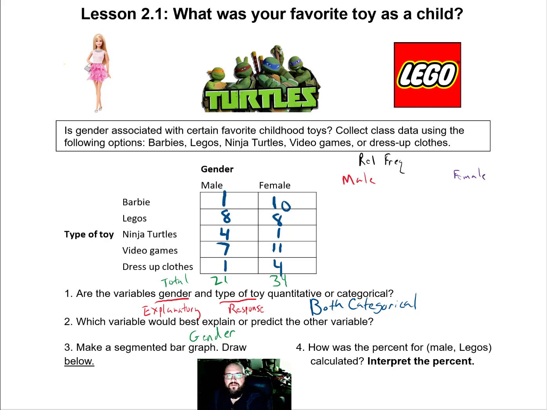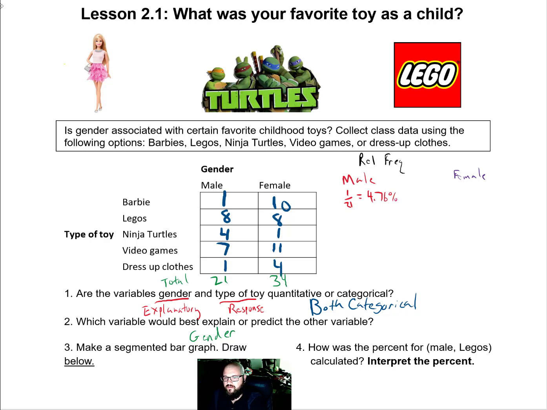So for the males, initially we have one male as Barbie out of 21. So our relative frequency is 1 out of 21, which will give us, I already did the calculations to make it a little bit faster, 4.76%.